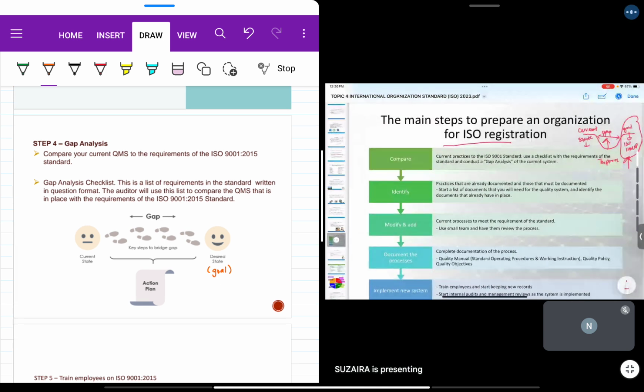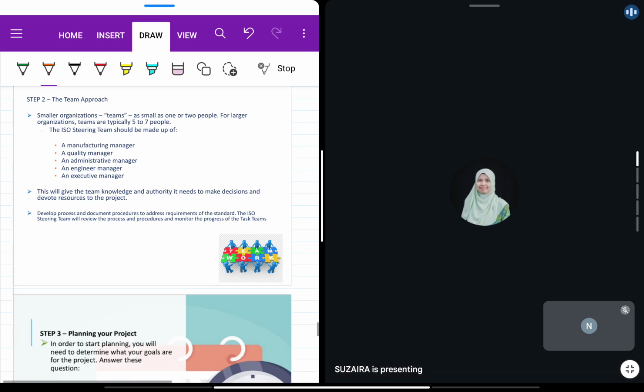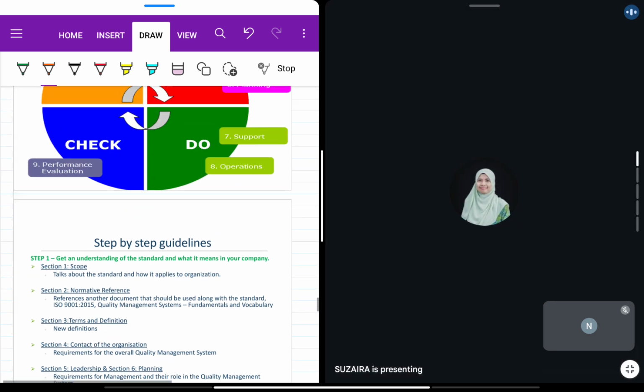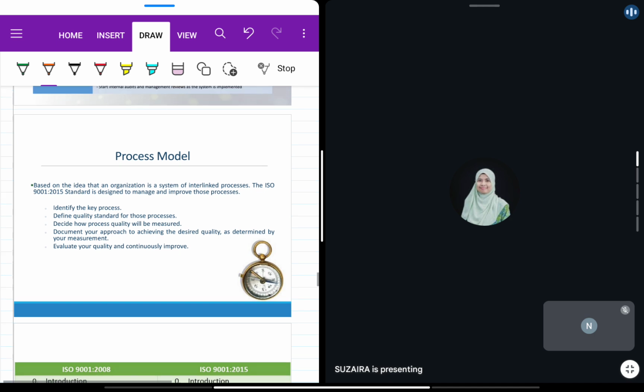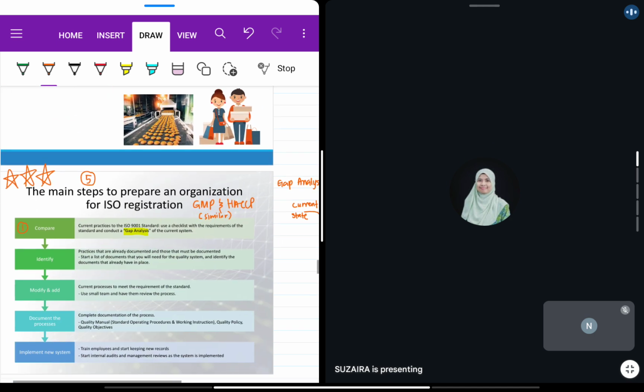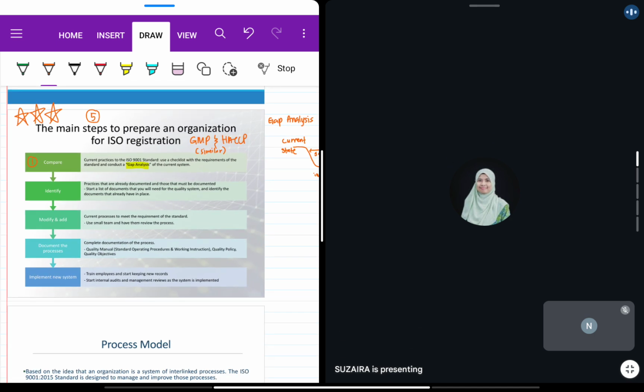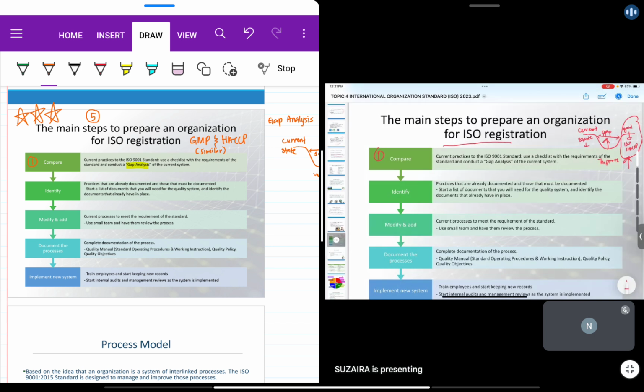So the main step to prepare an organization for ISO registration, first of all, is to start by comparing current practice with the goal. We use a gap analysis to do a self-check, not ourselves, but more the company. The company checks the things that have already been documented and the things that have not been documented.